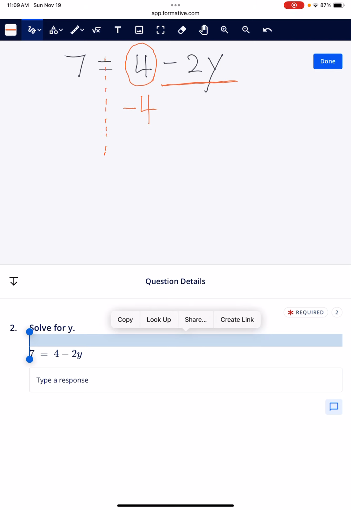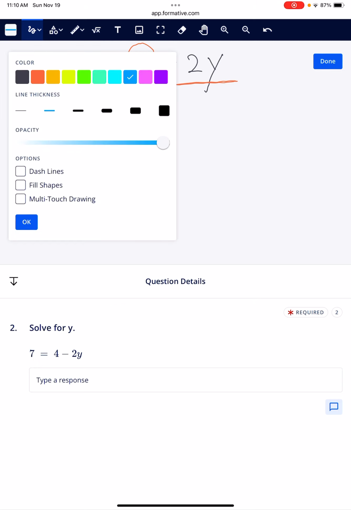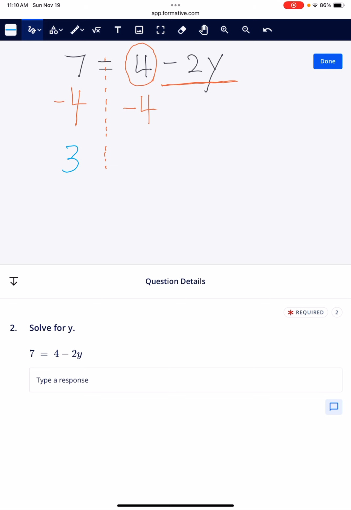Once you subtract from one side, you have to subtract the same value from the left side. 7 minus 4 becomes 3. On the right side, once you get rid of 4, you'll be left with just negative 2y.